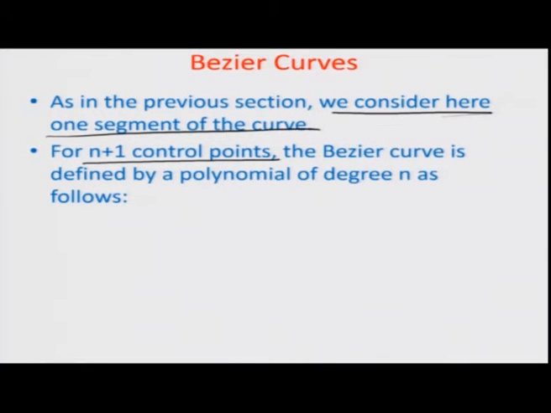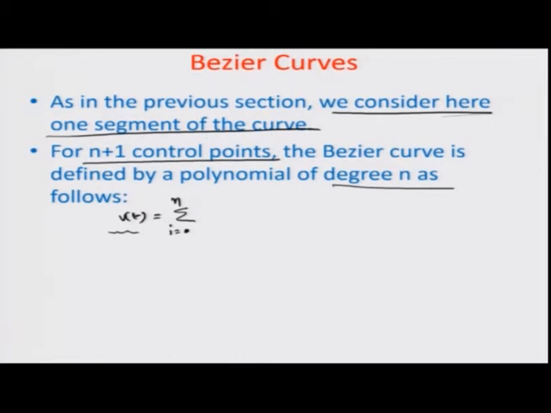So, it is defined by a polynomial of degree n, and the Bezier function is expressed by a polynomial which is otherwise known as the Bernstein polynomial. The array of points V(t) in this particular case would be represented by discrete points for indices varying between 0 and n.